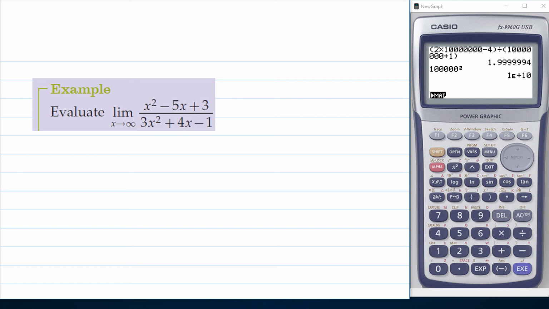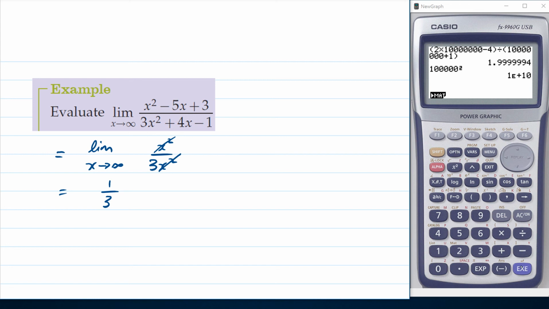And so as it turns out, this limit is actually going to be the same as the limit of just x squared over 3x squared. And we can see here that we could simplify that, and it's going to be just 1 over 3.